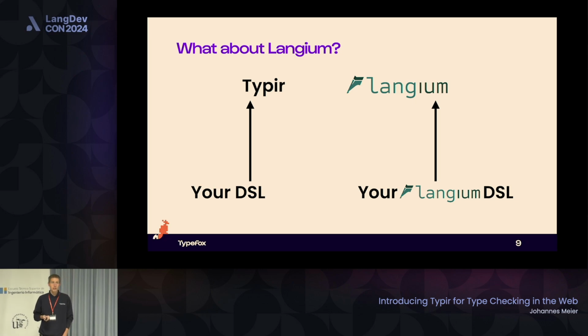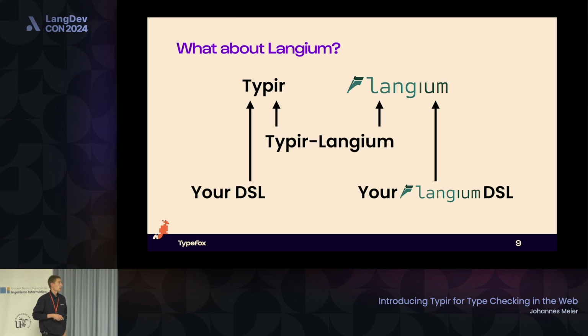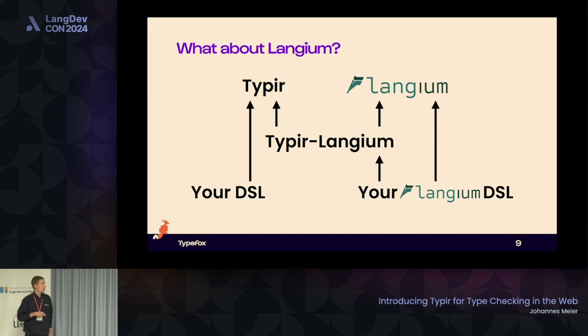But to ease the work, we provide a Typir-Langium binding, so that your Langium DSL project can depend on the Typir-Langium binding, because then the integration of Typir is easier. So that's the relationship between Typir and Langium. They are in the same domain of language engineering, but they are clearly independent regarding the core.